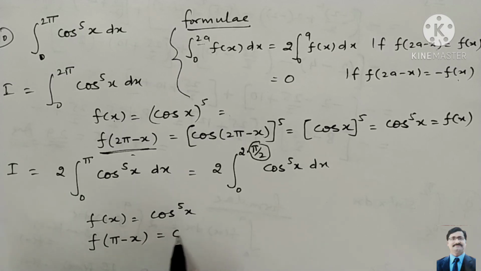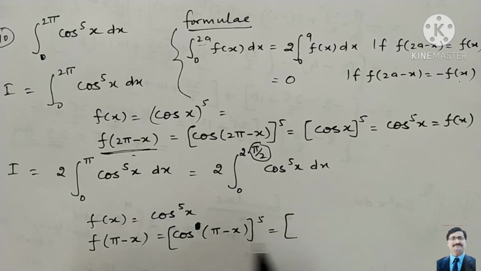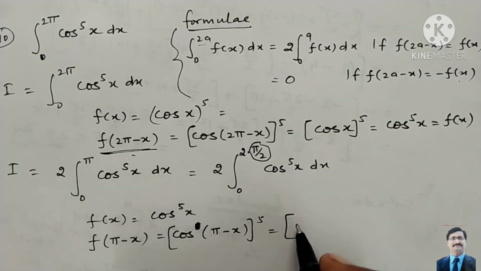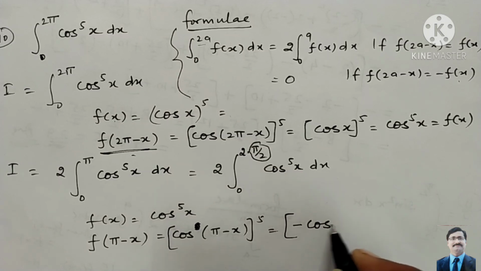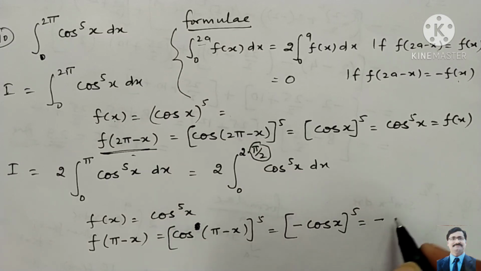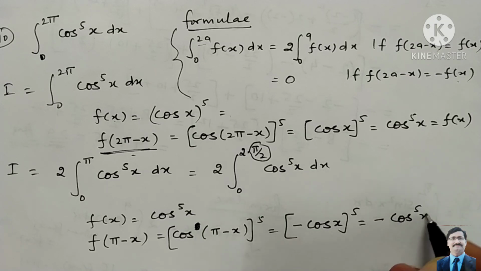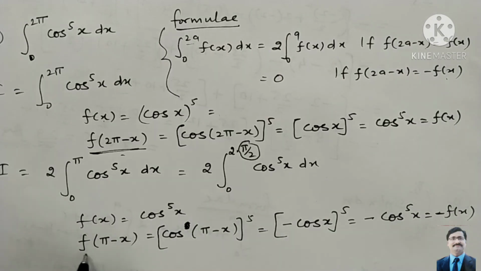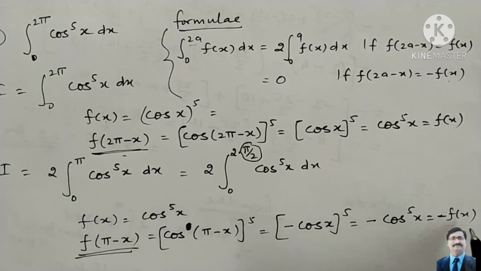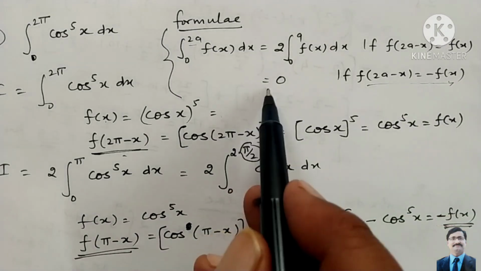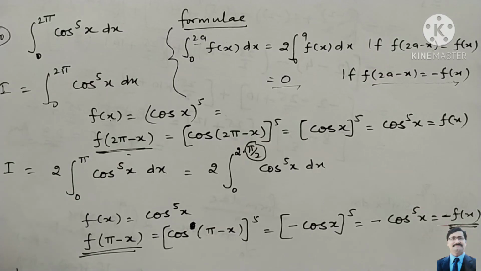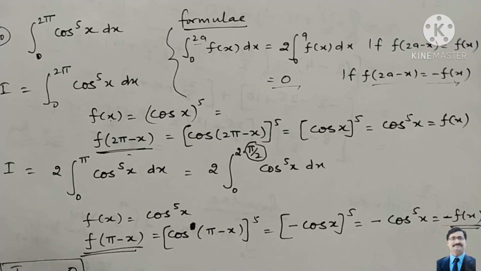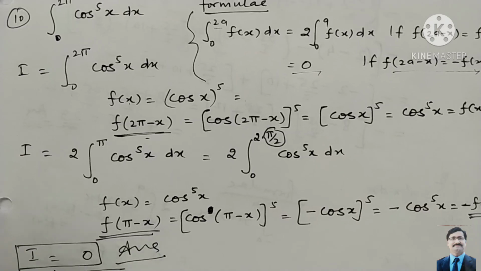So we get cos⁵(π − x). Now cos(π − x) is in the second quadrant, and in the second quadrant cos is negative, so we can write (−cos x)⁵, which is −cos⁵x, that is −f(x). So here f(π − x) is −f(x), which means in this case the answer is 0. So this I becomes 0, and the answer is 0. All of you understand this?